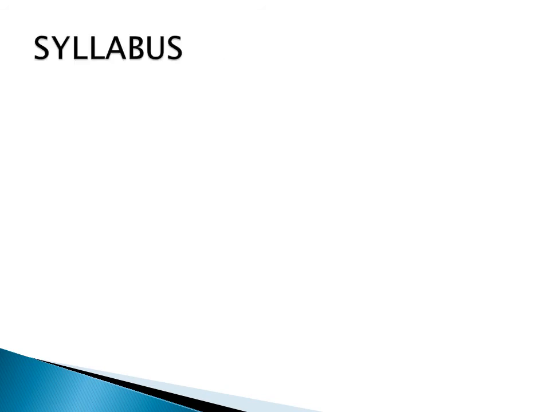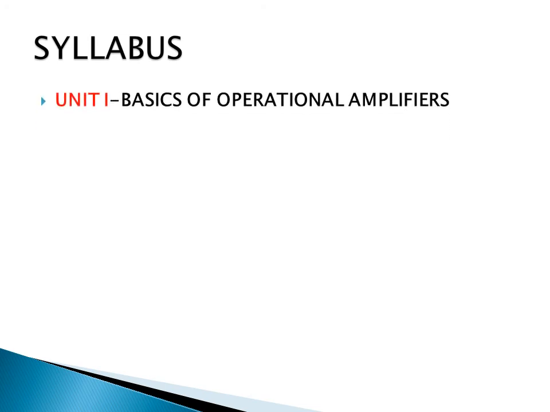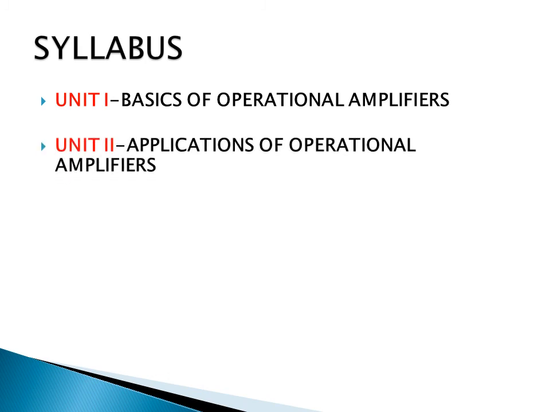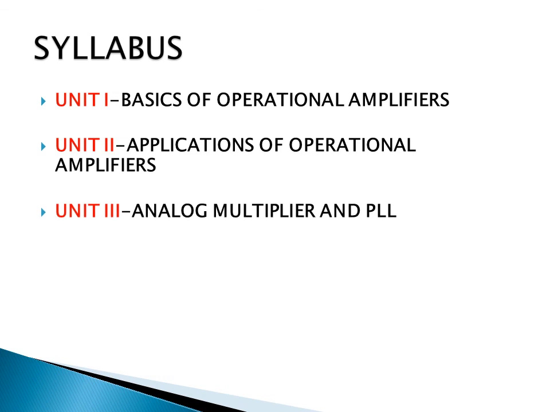What we are seeing now is the syllabus of the subject EC8453 linear integrated circuits. In unit 1 we have the basics of the operational amplifier, how it works, its characteristics, and the internal components present in the op-amp. In unit 2 we see applications of operational amplifiers, the applications where we can use them. In unit 3 we have the advanced applications of the op-amp, that is the analog multiplier and phase lock loop.